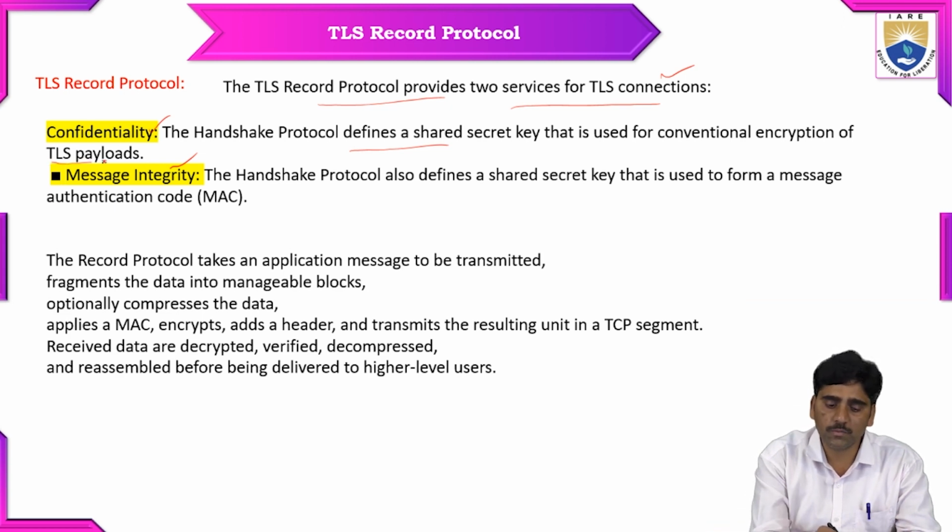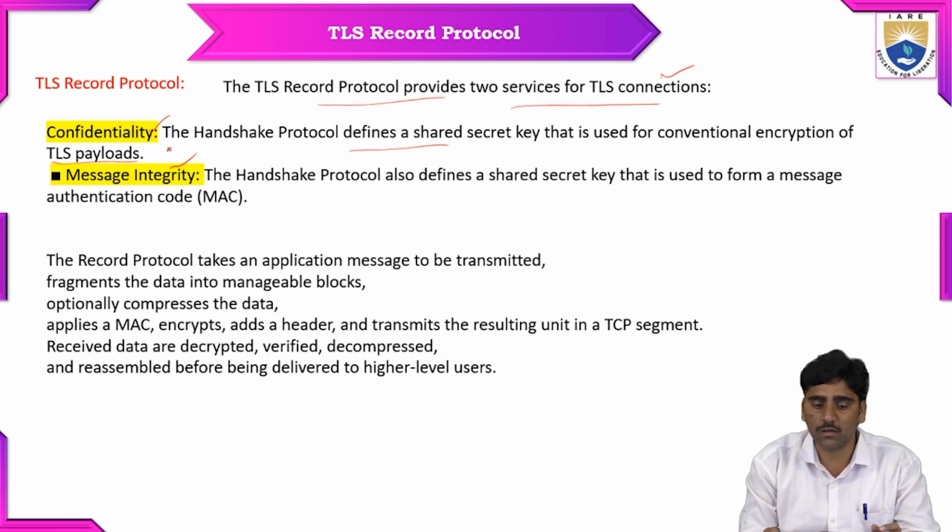That means the Transport Layer Security payloads are loaded with data, and the payloads have different types of data. The second one is message integrity. The handshake protocol also defines a shared secret key that is used to form a message authentication code.